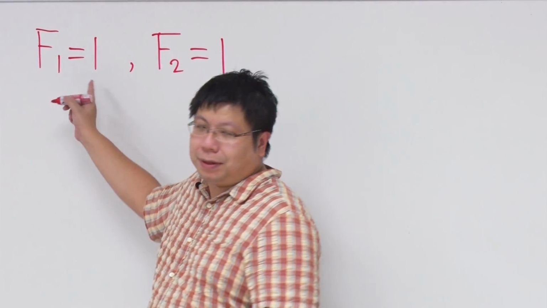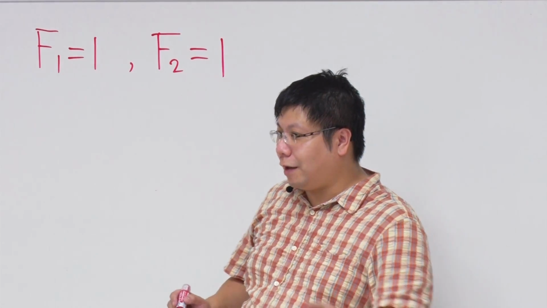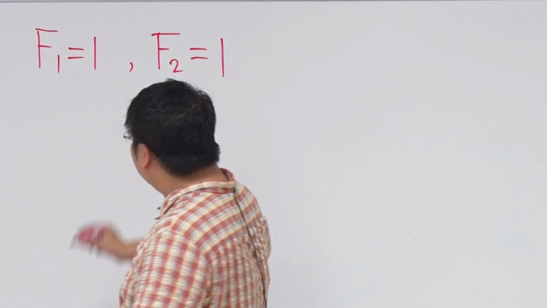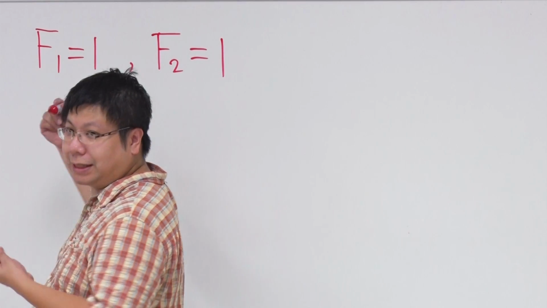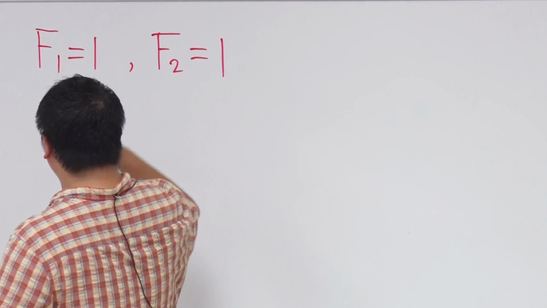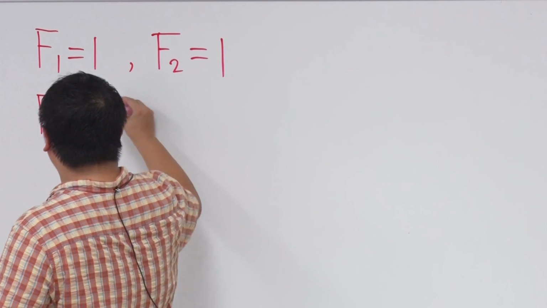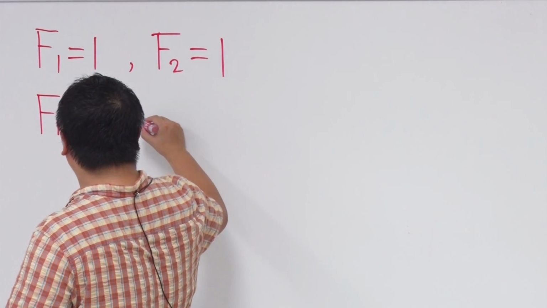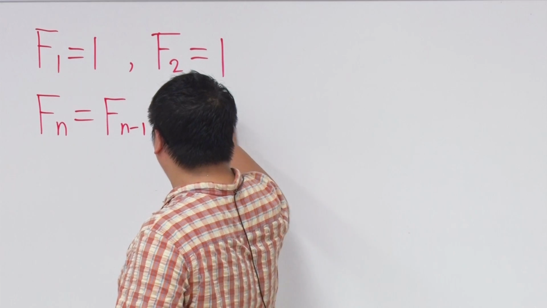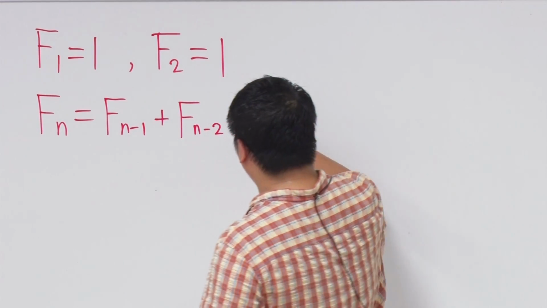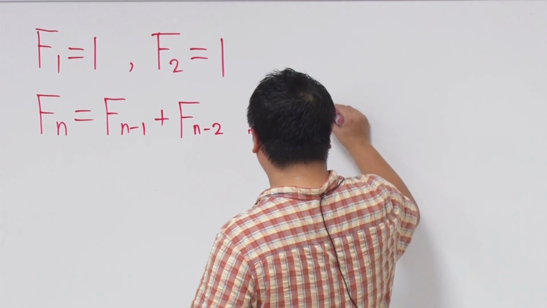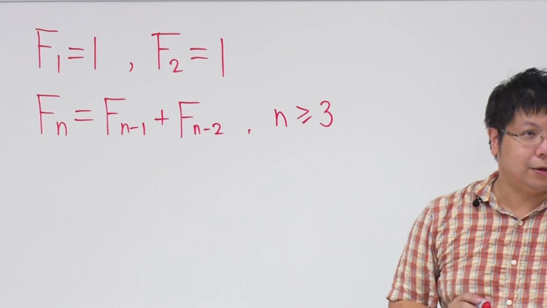Sometimes people say f0 and f1 are 1, but for this example, let's say f1 is 1, f2 is 1. And then for fn, in general, this will be equal to f(n-1) plus f(n-2), for n greater than or equal to 3. Okay?